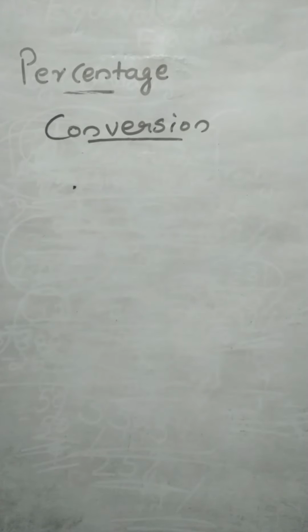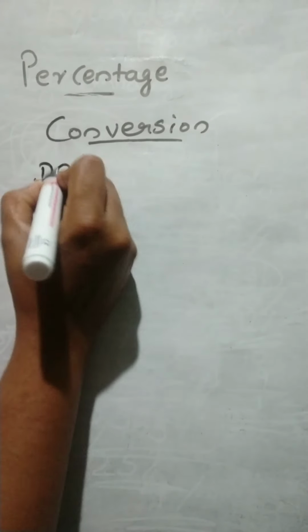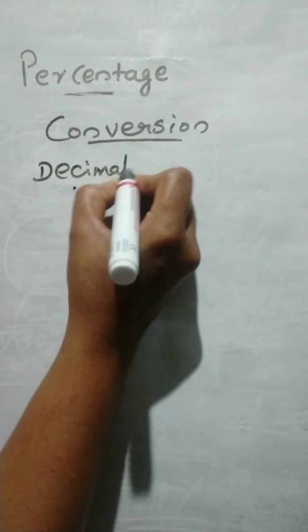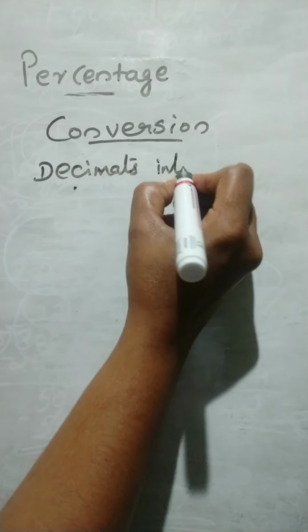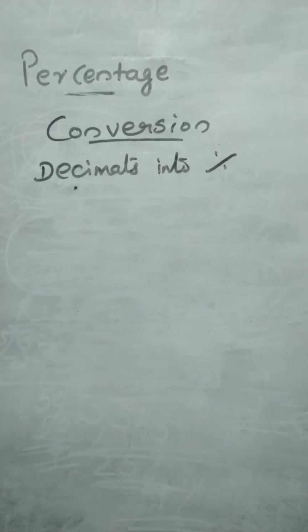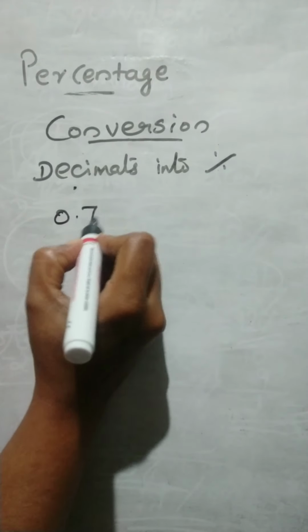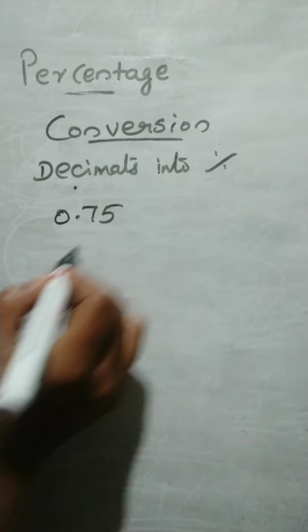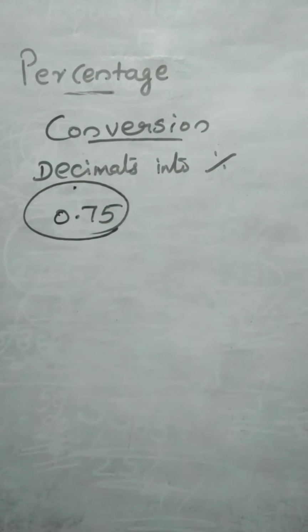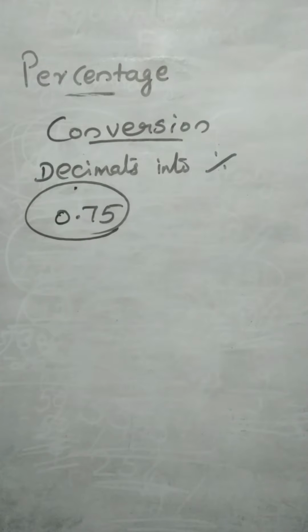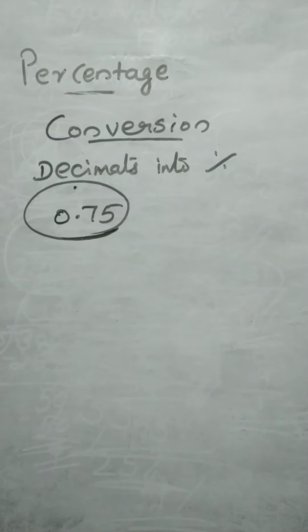Next we can study how can we convert decimals into percentage. Example 0.75. First we know that how can we convert fractions into percentage. So here the first step is the given decimal number we have to convert into fraction.